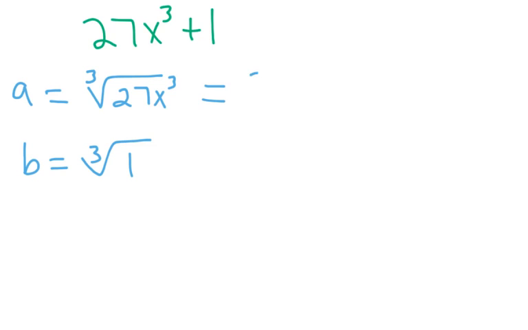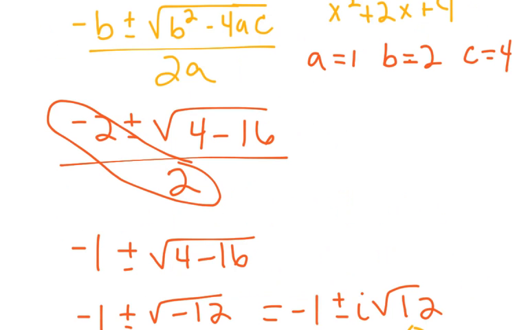So we have a 3, and now we have x cubed, the cube root of x cubed. That kind of erases itself, right? It's the opposite operation, so we just have a 3x. And the cube root of 1, basically ask yourself what times what times what equals 1. Well, that's 1.